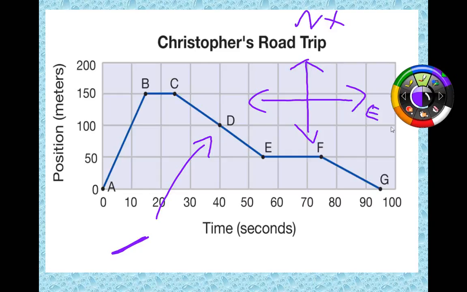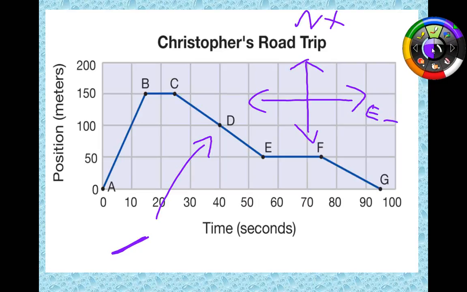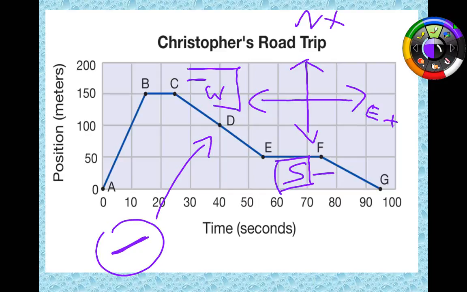East is positive. South is negative. And west is negative. So, negative directions could possibly be that he is moving south, or he could be moving west.